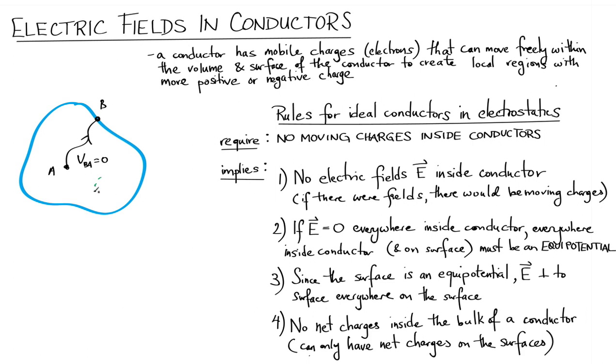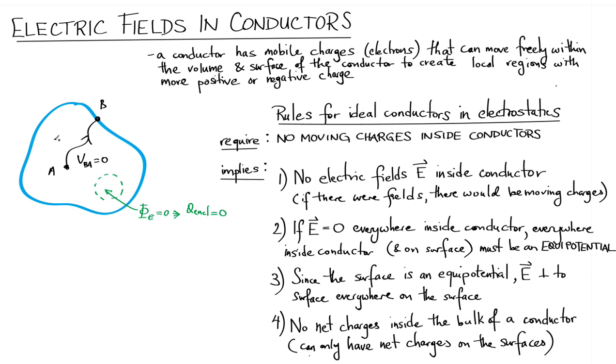So let's imagine I'm just going to take some region inside of this conductor, and we just said that the electric field is 0 everywhere inside the conductor. So what that means then, if the electric field is 0 everywhere inside the conductor, then basically the flux Φ_E has to be equal to 0, because E is 0, which means that Q enclosed has to be 0, right?